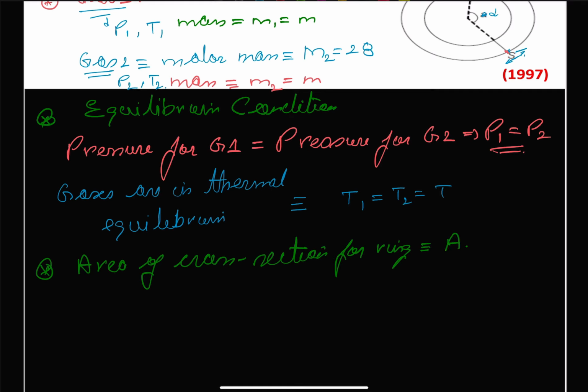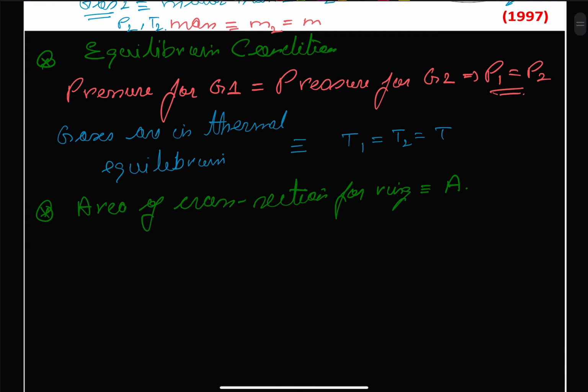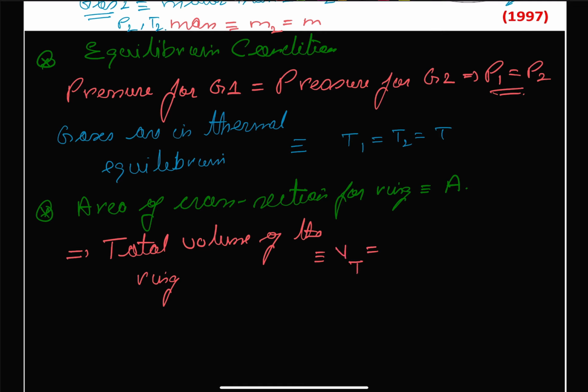Therefore, we can write that the total volume of the ring, let us call this V total, will be equal to 2 pi r multiplied by A. And 2 pi r is nothing but the circumference of the ring.